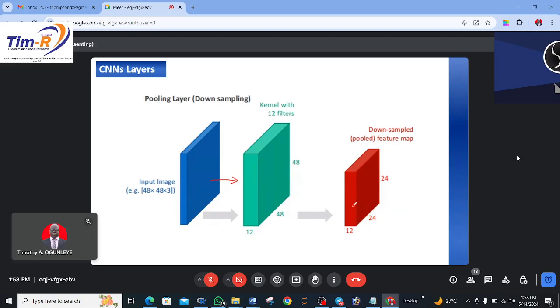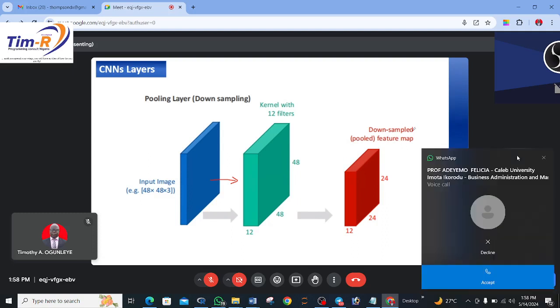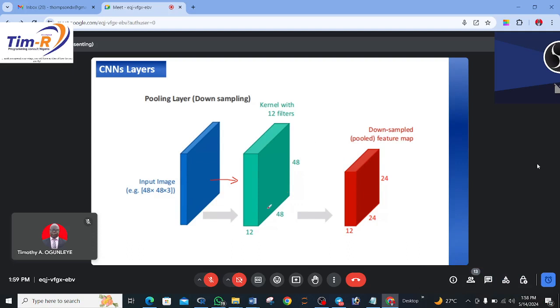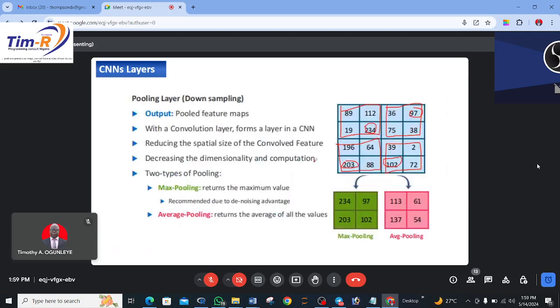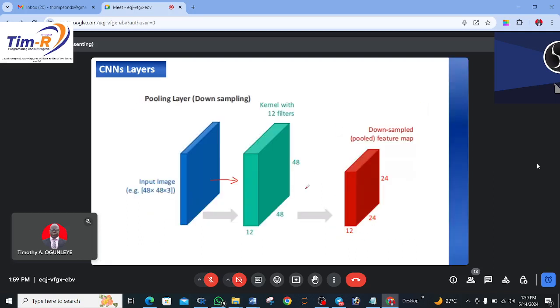So in this case, we can see that the pooling layer helps us reduce or downsample the feature map, so that we won't have ambiguity or values that are too big. That's what we explained here.